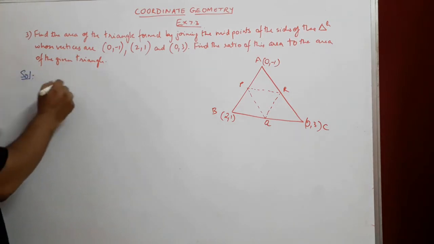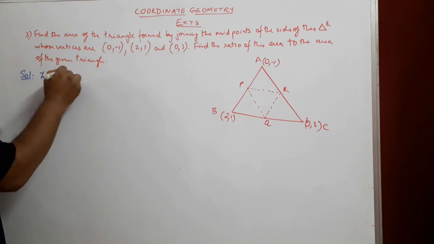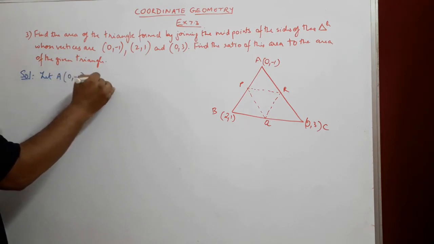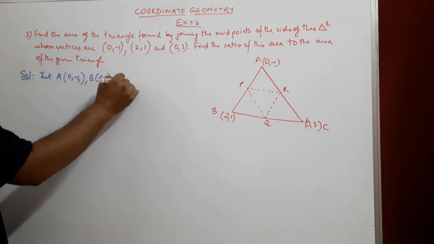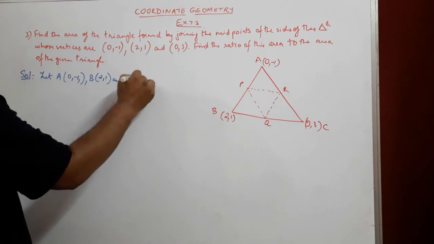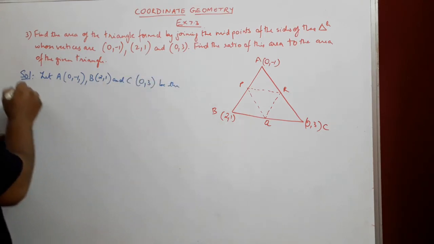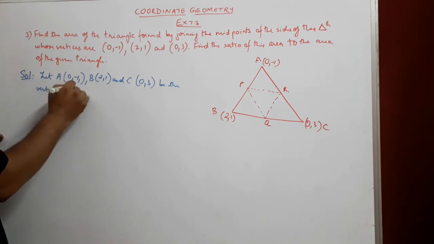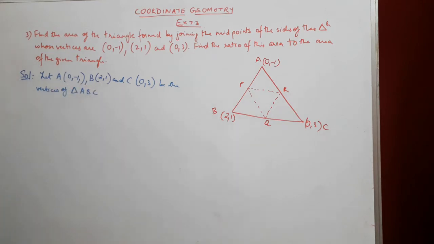So we assume first, let A (0, -1), B (2, 1) and C (0, 3) be the vertices of triangle ABC.